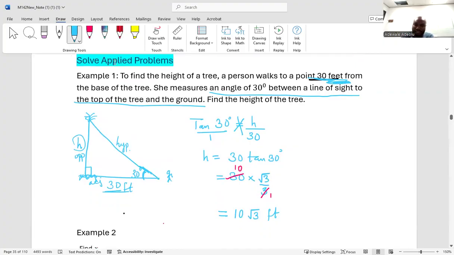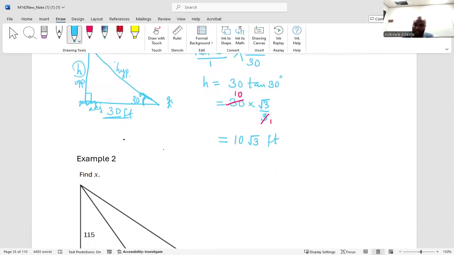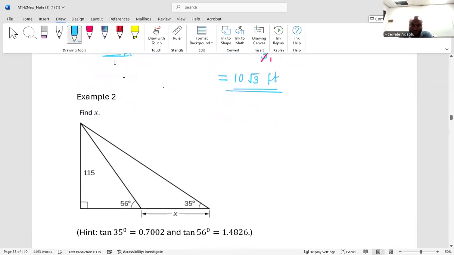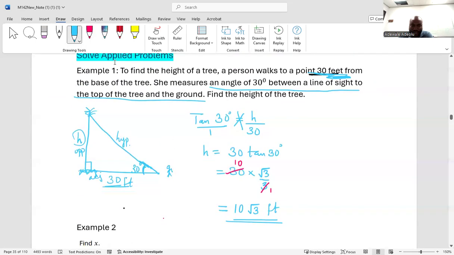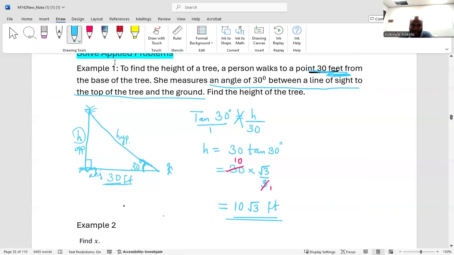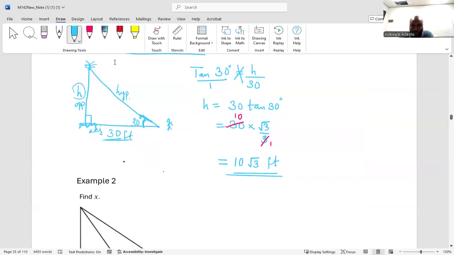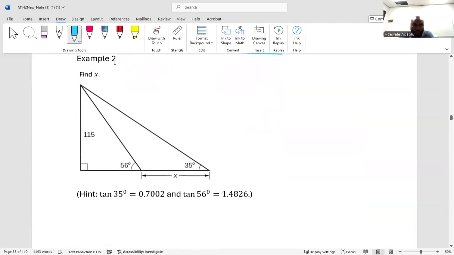So that is 10 root 3 feet, and just leave your answer like that. I hope that makes sense. Once you are able to draw the diagram to represent the situation, then every other thing becomes the job of SOHCAHTOA.